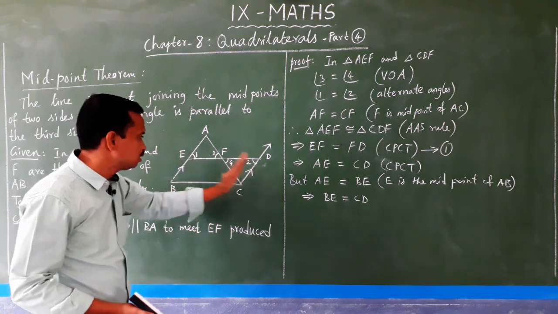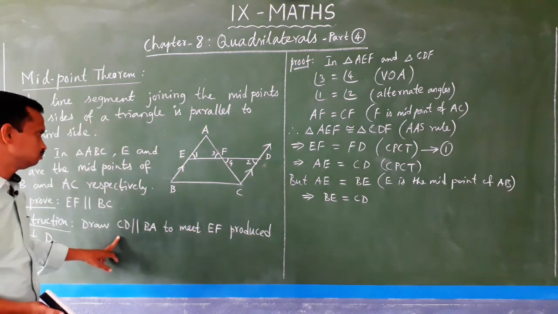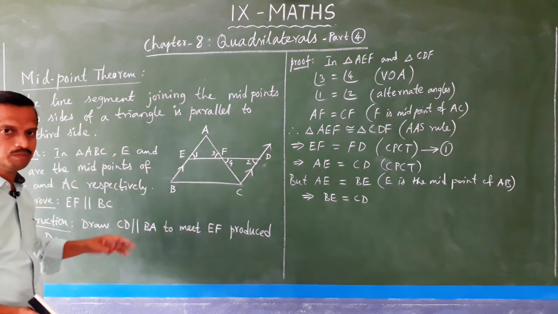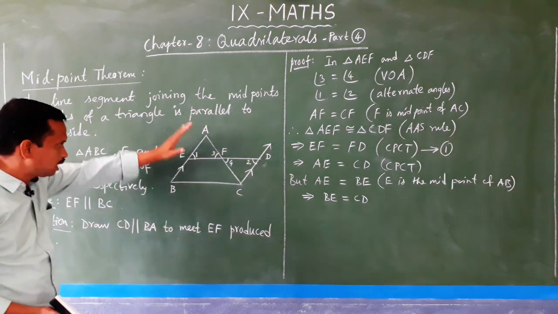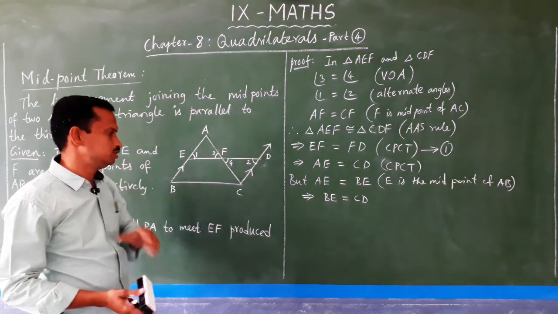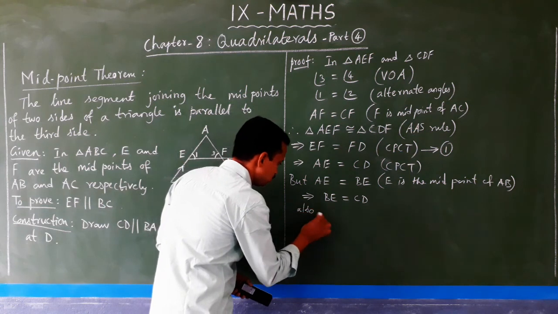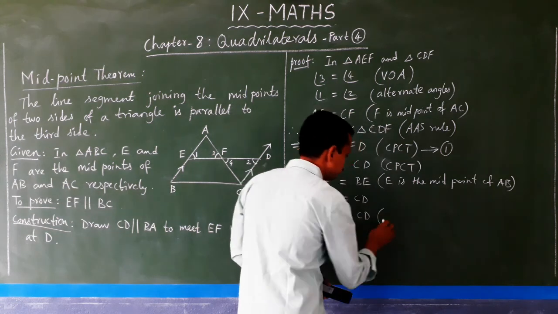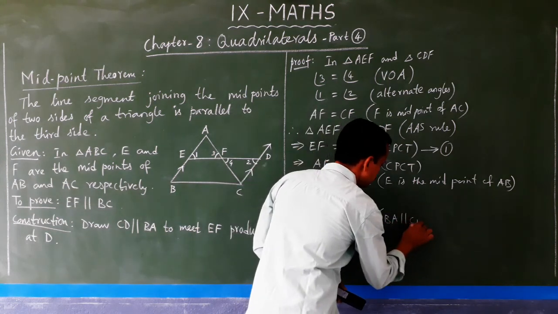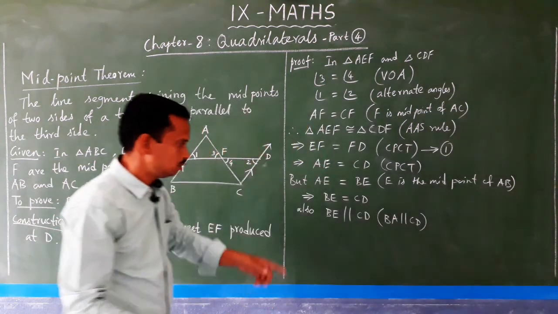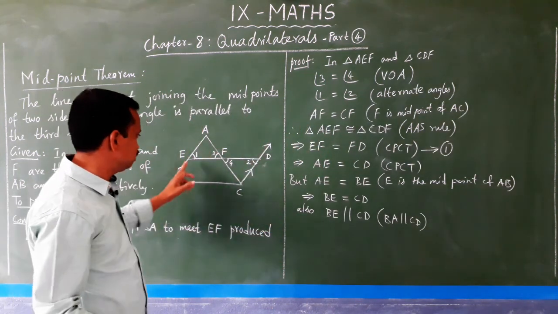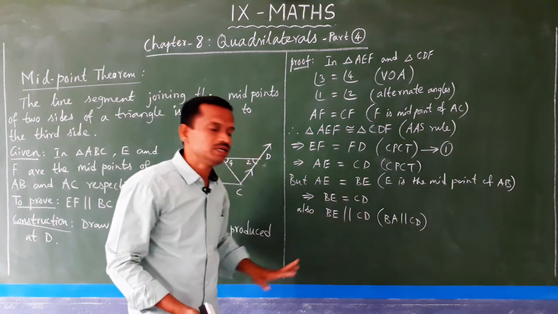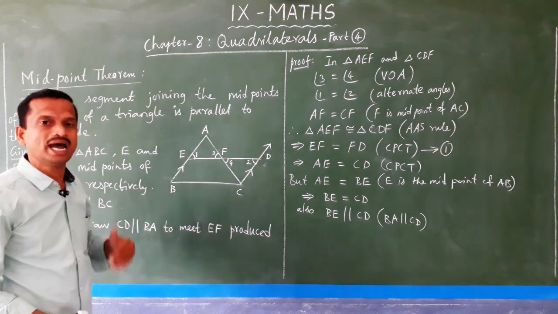Already BE is parallel to CD. Am I right? BA is parallel to CD, and BE is within BA, so BE is also parallel to CD. The reason is BA parallel to CD. Therefore BE is also parallel to CD. So now we have BE and CD both parallel and equal.